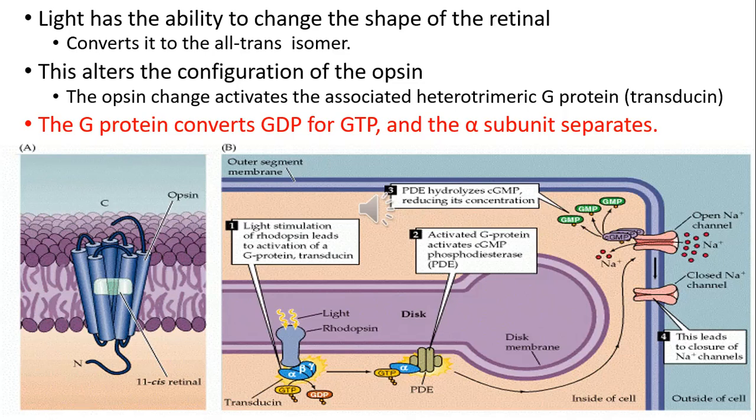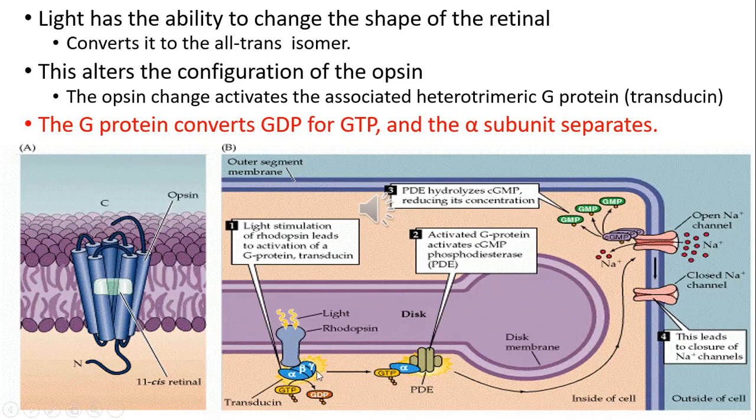So this is what they're trying to show is happening there. These are substances that are found on this disc membrane. Then after that, you go to PDE. Phosphodiesterase is going to hydrolyze, it's going to act on the cyclic GMP, reducing its concentration.